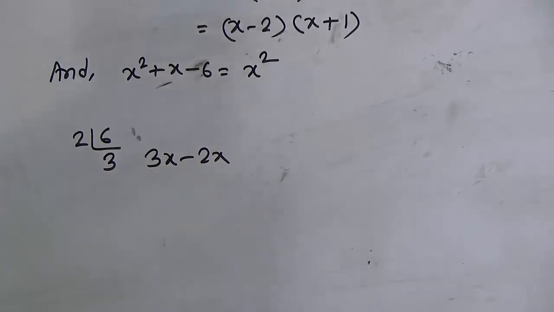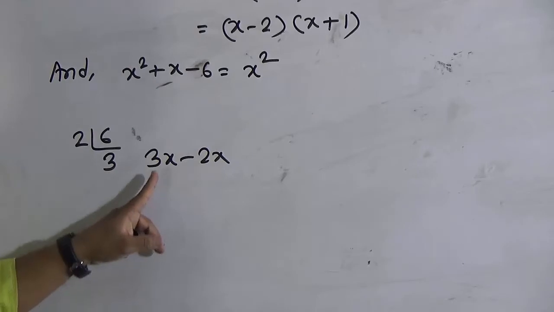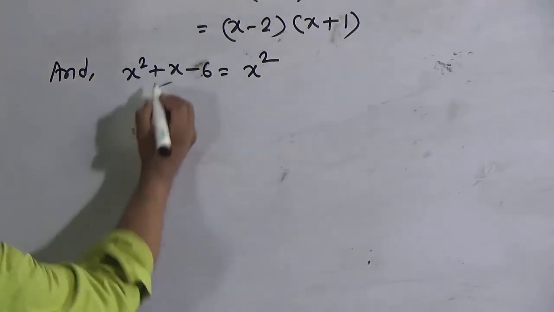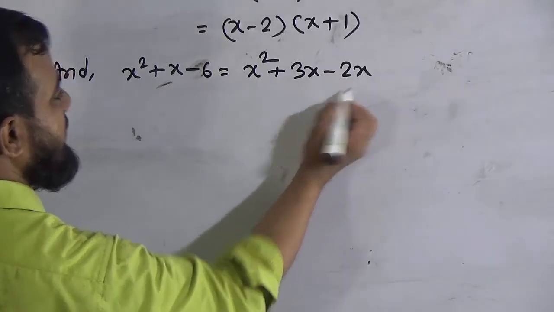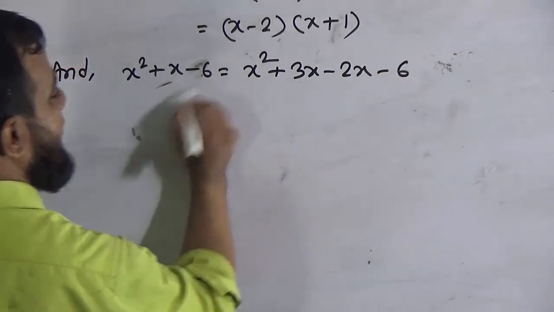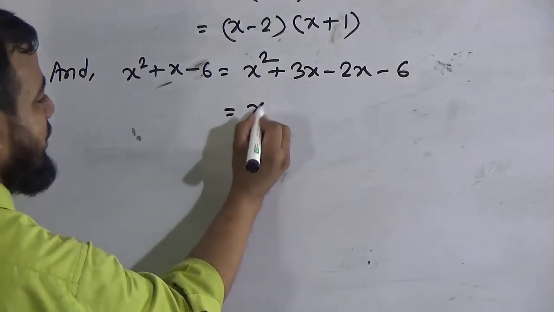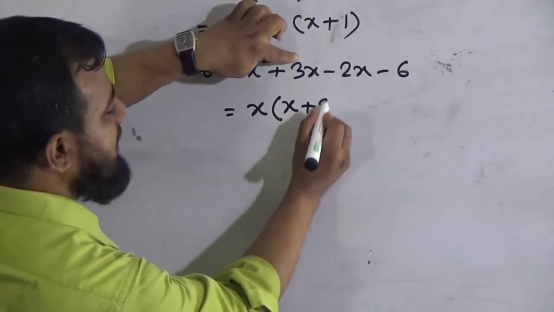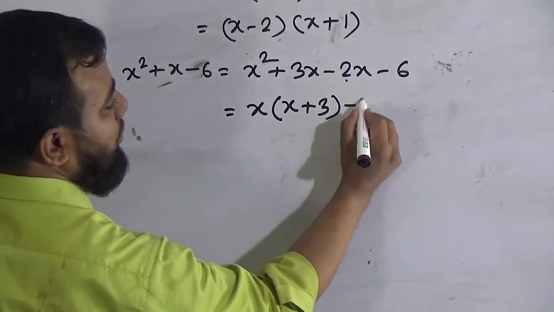So our factorization will be thrice x minus twice x. This means in the place of x we should write thrice x minus twice x. Okay, so in the place of plus x we should write plus thrice x minus twice x. Minus 6 remains unchanged here. Now we can take x as common from the first two terms. If we take x as common, we will get x from the first term plus 3 from the second term, and then we can take minus 2 common.